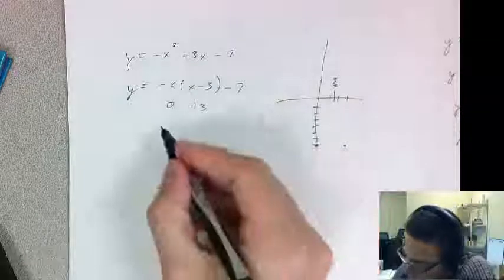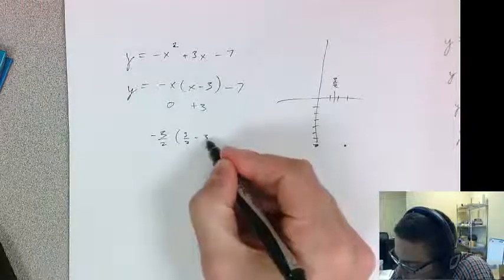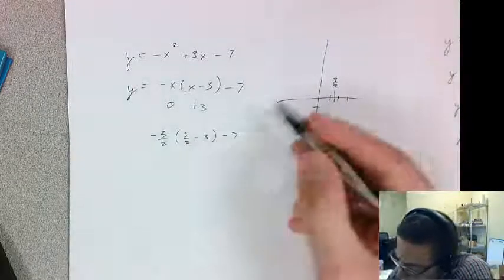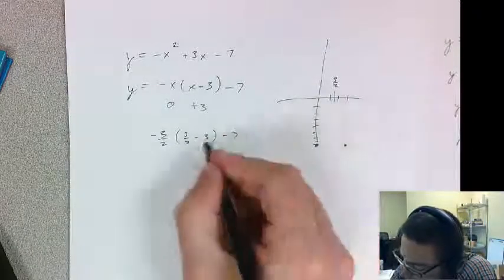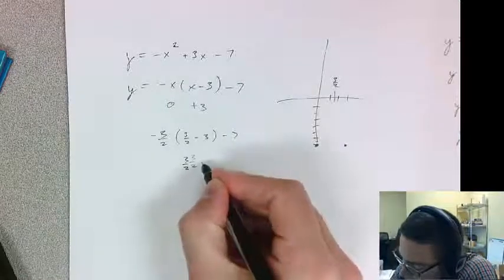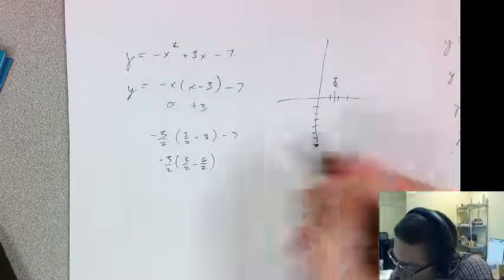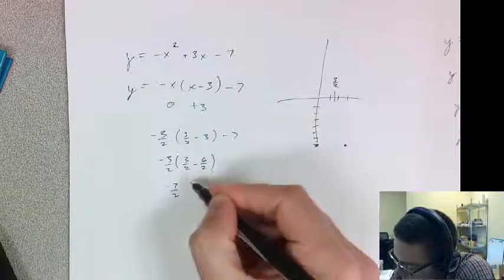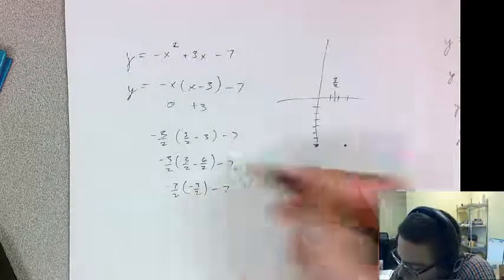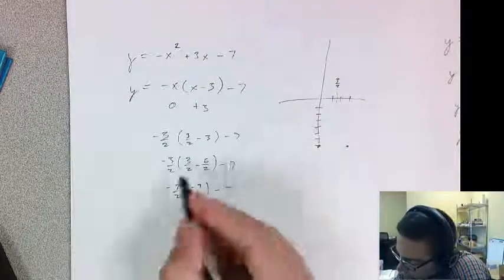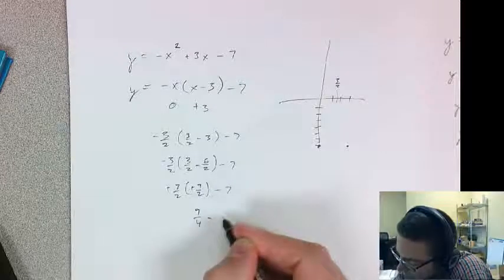So I can plug that value in. Negative 3 halves times (3 halves minus 3), minus 7. 3 is the same as 6 halves, so I'm going to change that. And this would be negative 3 halves times negative 3 halves, minus 7. Negative times negative is a positive, so this would be 9 fourths minus 7.